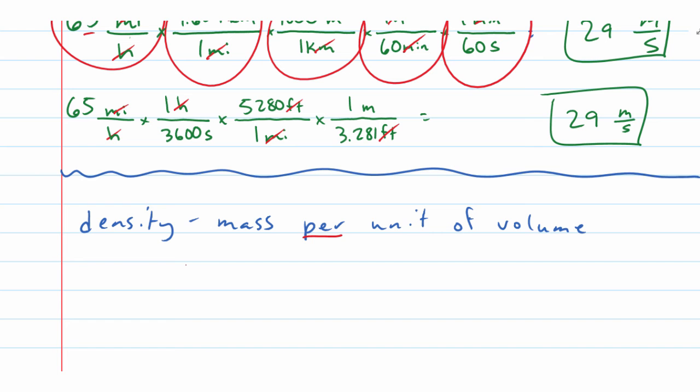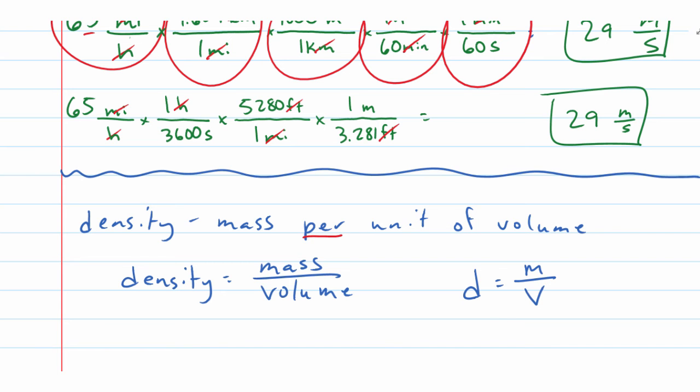And so if we wrote a formula for that, we'd say that the density is equal to mass over volume. In terms of symbols, D is equal to M over V.